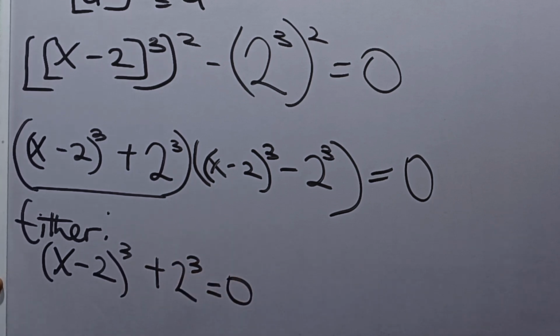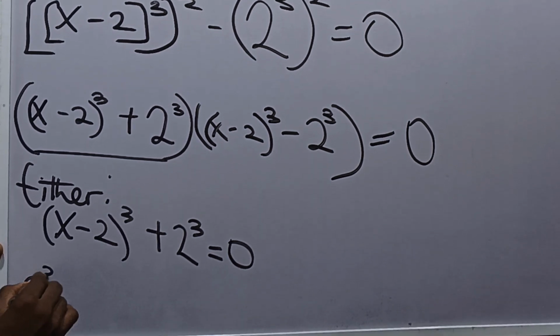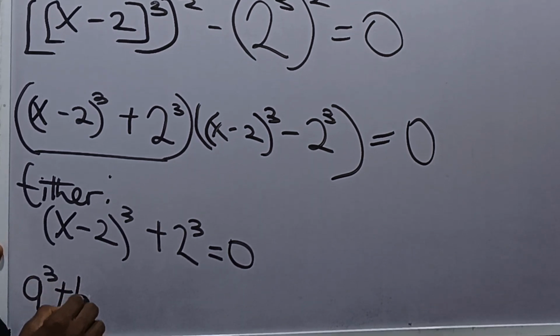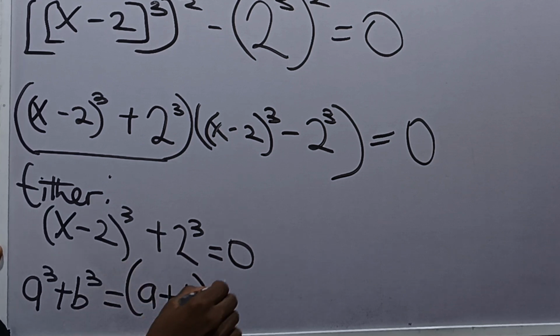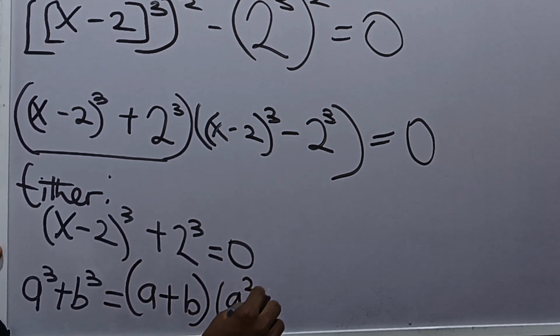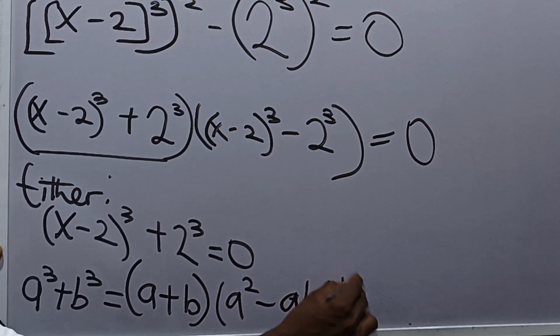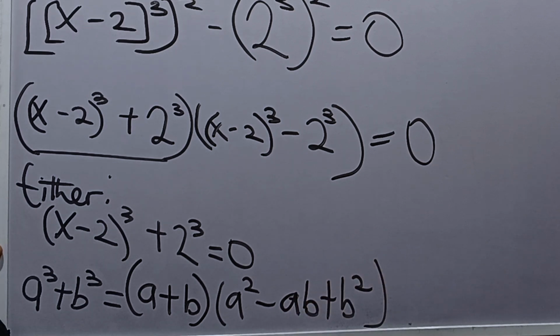Okay? Now this follows the law of the sum of two cubes. The sum of two cubes states that if I have a^3 + b^3, it is equal to (a + b) into (a^2 − ab + b^2). Okay, this is the law of the sum of two cubes.